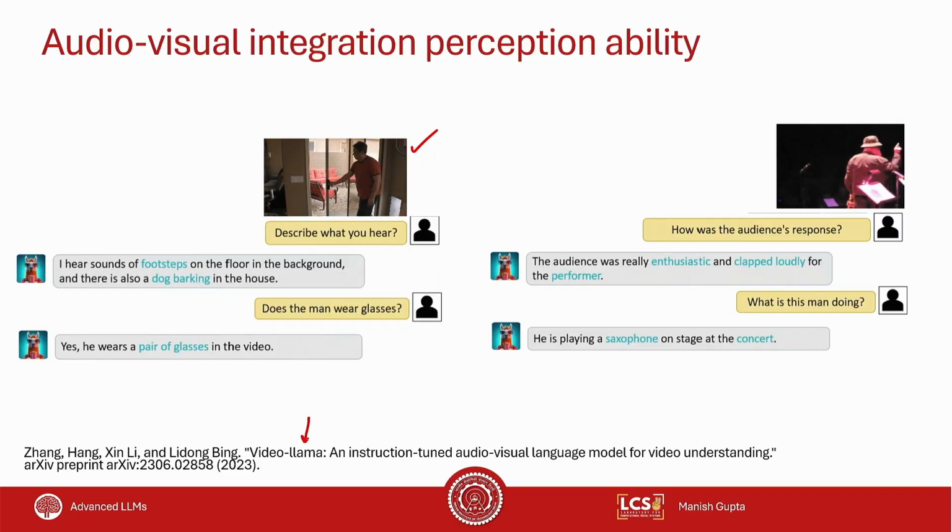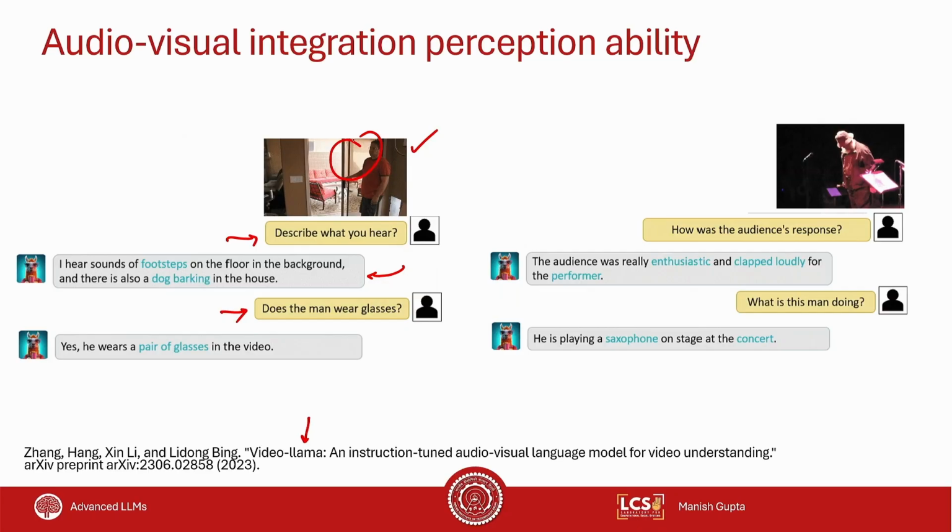We'll talk about Video-LLaMA also when we start talking about architectures. But here you just take the video, the user asks, describe what you hear, and it can describe the dog barking sound. But then it also has visual capabilities, so the user can ask, does the man wear glasses?